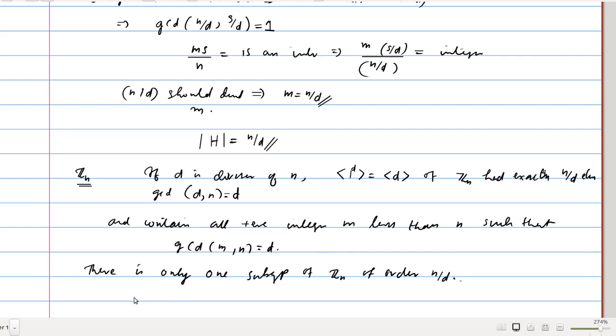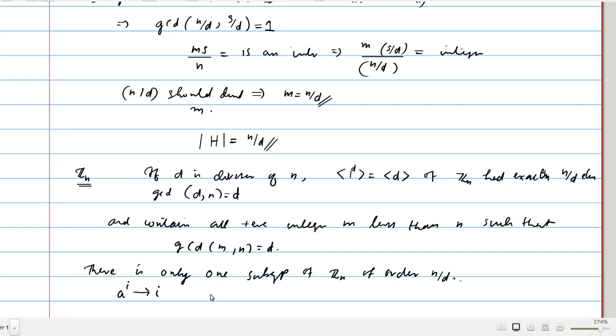So this is the case of Zn, and in the case of a general cyclic group, we can map 1 to A, so A raised to I is mapped to I. This is the isomorphism.